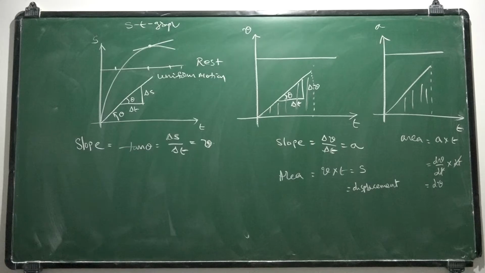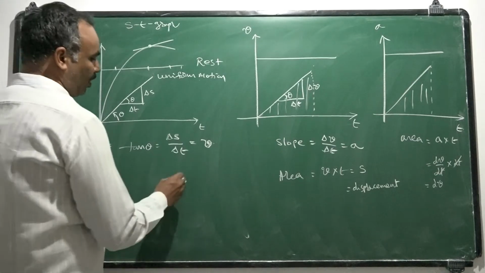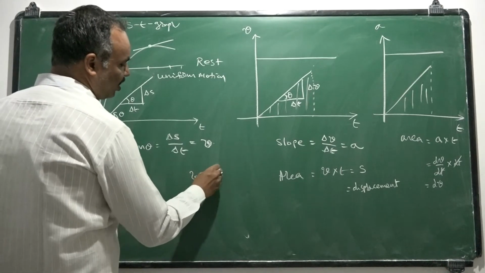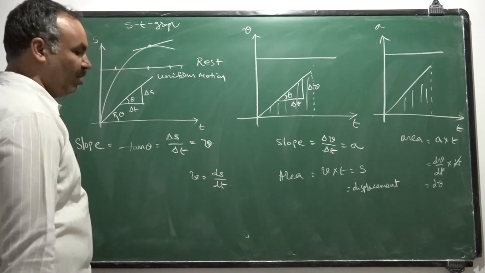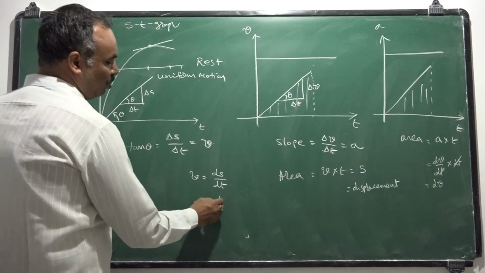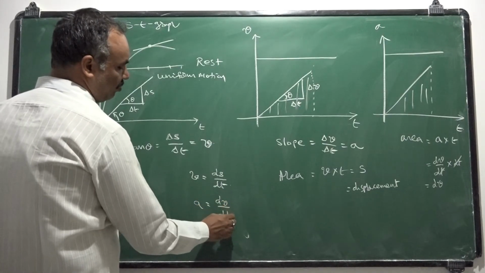So you should prepare the basic idea of graphs to solve various problems. And one more important point, whenever you want instantaneous velocity, you should take the derivative of displacement. Whenever you want acceleration, you should take the derivative of velocity.